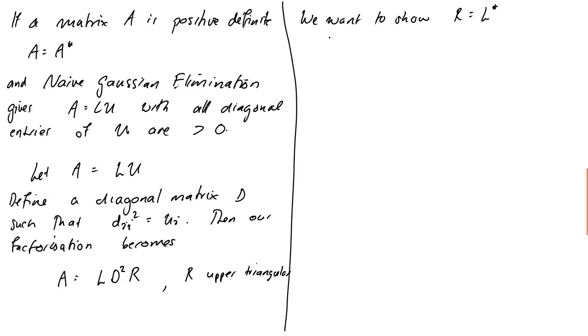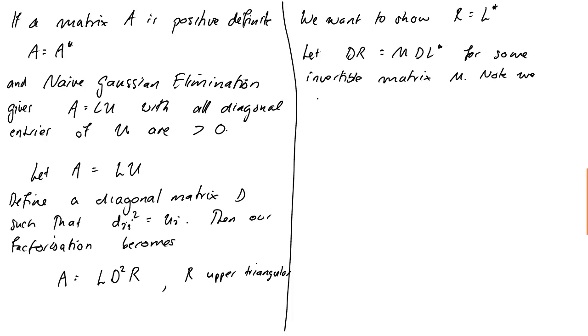Well, first off, one way of doing this, we're going to say let DR equal M D L star for some invertible matrix M. Note we can do this, as M is just equal to DR times (D L star) inverse, and D and L star are both invertible.